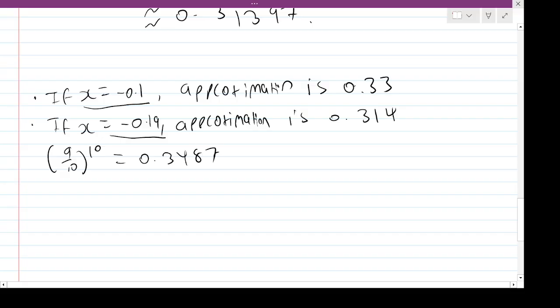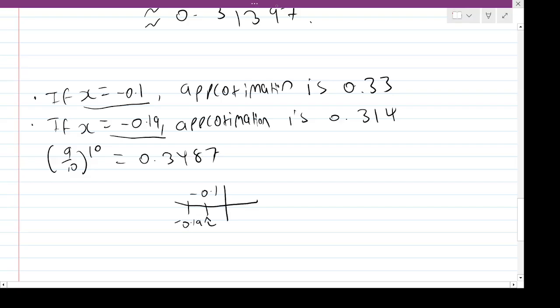You can theorise that 0.1, ignoring the negative, is closer to 0 than 0.19, if you imagine it on the number line, with minus 0.1 and minus 0.19.